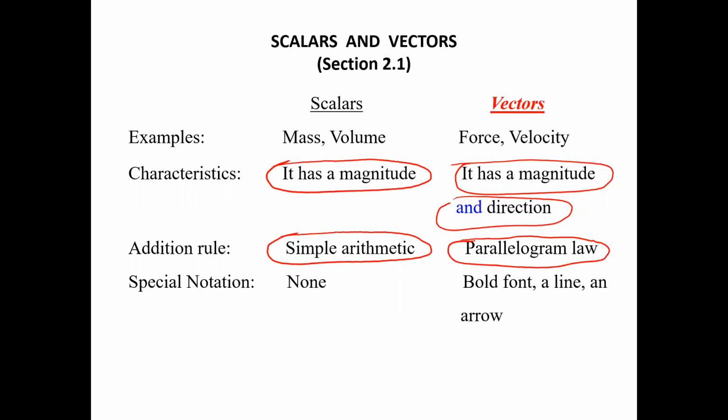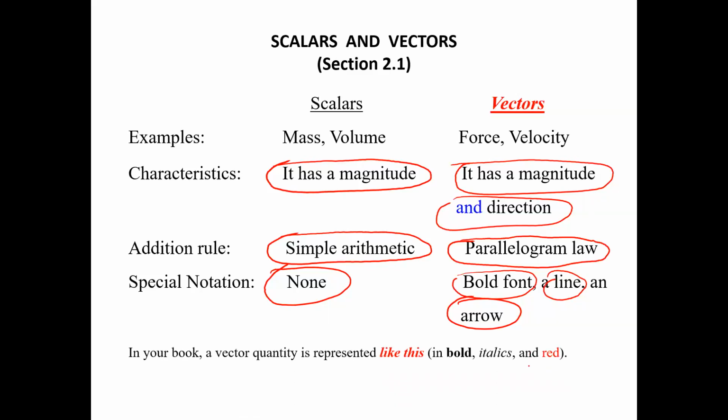Okay. Now, how do we denote vectors and scalars? So for scalars, there's no special notation, right? But for vectors, we have bold font, a line, or an arrow, right? That's how you denote vectors.